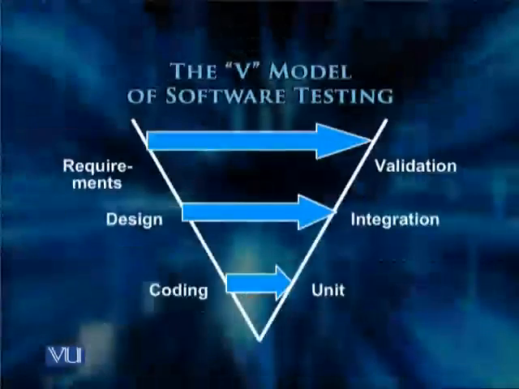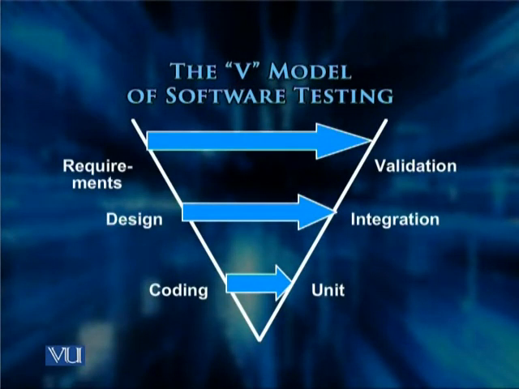Now I'm going to show you the V model of software testing. This is a very interesting picture, and it builds a relationship between different activities in the software development lifecycle. I'll start at the bottom and then discuss the picture, and we move upward. As you can see, coding is related to unit testing, design is related to integration testing, and requirements are related to validation testing.